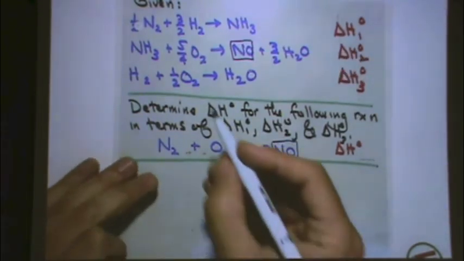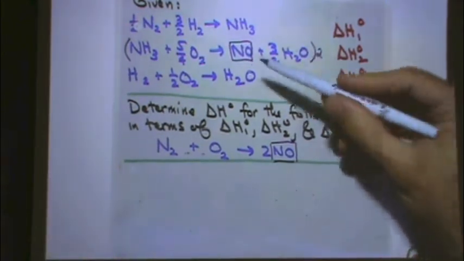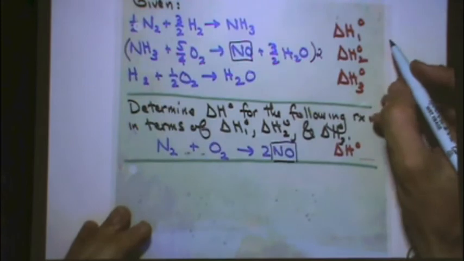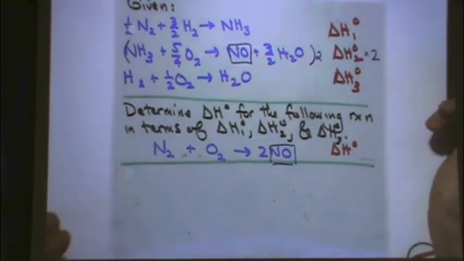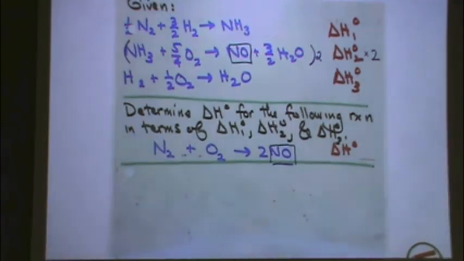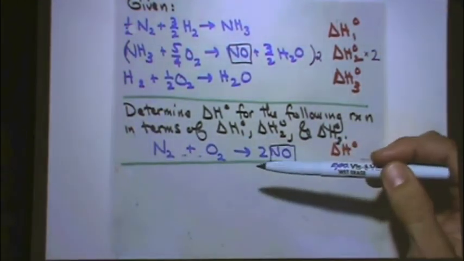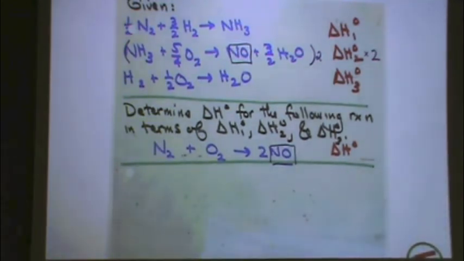So I need to multiply this by 2 to have two NOs in the products. Thus, what will I do with delta H2? Also multiply by 2. Okay? Now, once I have a multiplier, I will not change that reaction. So reaction 2 is not going to change unless I find out I made a mistake. But who makes mistakes? Okay, is there anything else down here that appears only once above? Okay, I'm hearing some N2s.